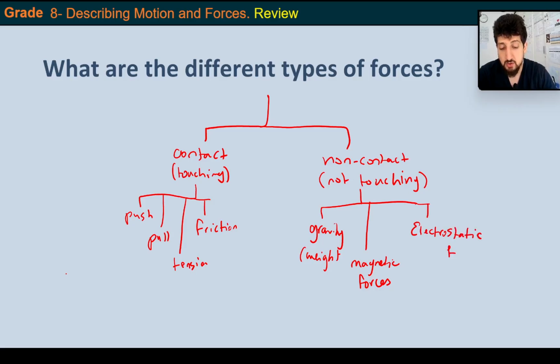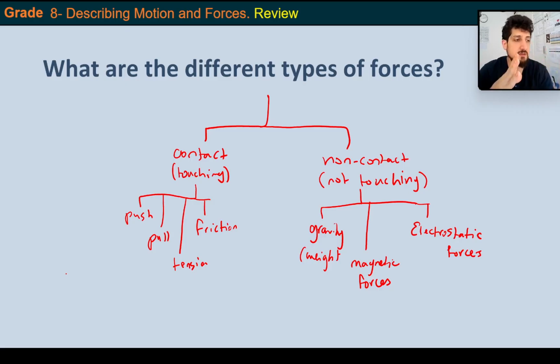Electrostatic forces are the forces that exist because of leftover electrons on materials. Electrons left on objects can build up. And when they build up, other electrons on other materials, which have a negative charge as well, will repel those electrons.